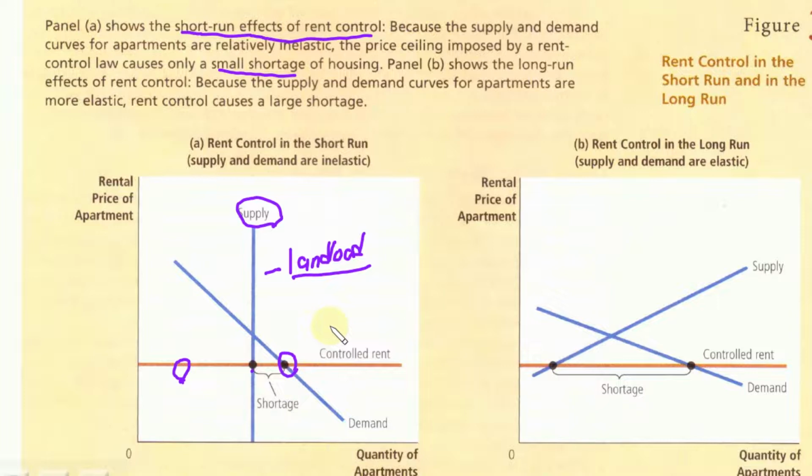Because housing arrangements cannot be shifted in a short time. Look at panel B here. As you can see, as time goes on, they will shift, and the supplier will also reduce supply.